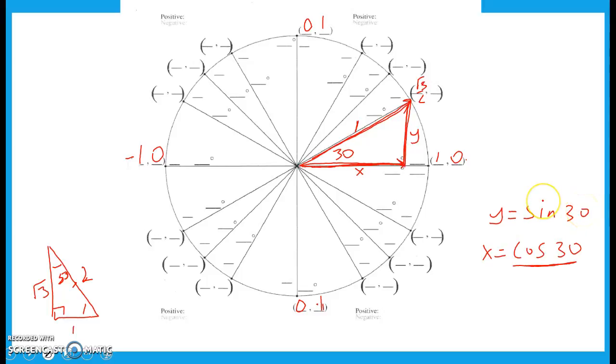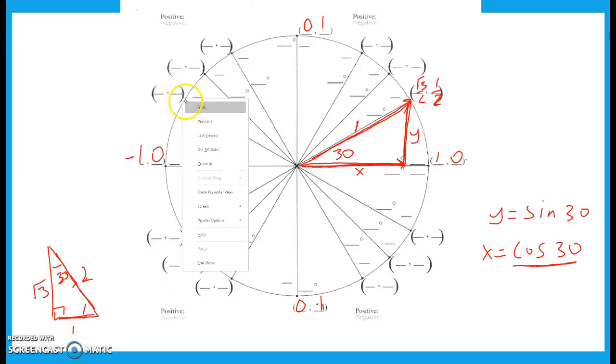And the sine of 30 degrees, if we go to this triangle over here, is the opposite side over the hypotenuse. Here's the opposite side, here's the hypotenuse. That is 1/2. So we have radical 3/2 and 1/2.